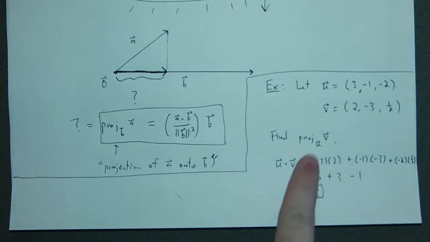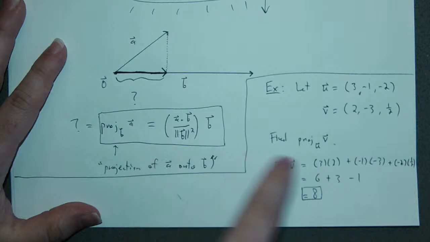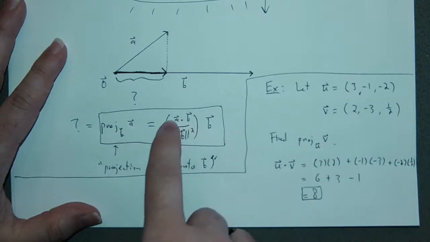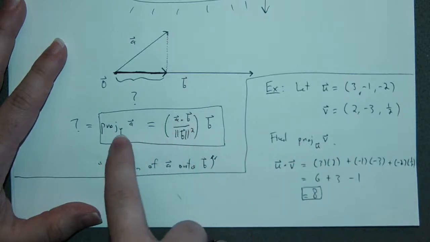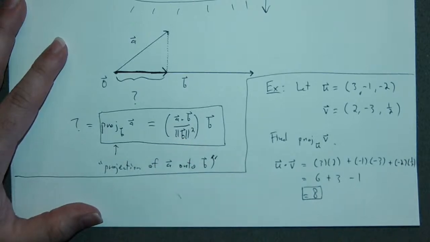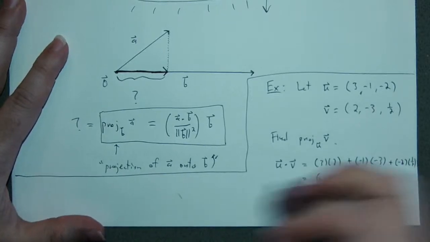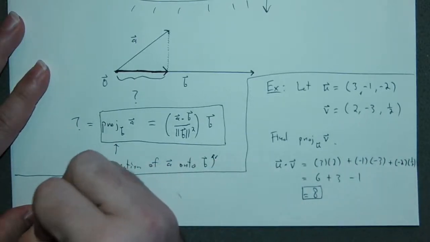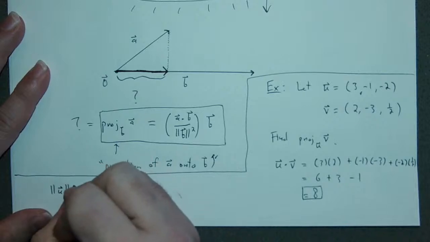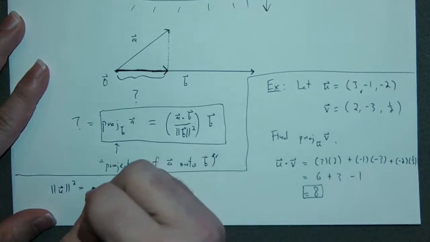What else do I need to compute here? I'm projecting V onto U here. So I have to do U dot V, and then I have to do the length of U squared, right? So what is the length of U squared here? Well, first of all, length of U squared is just U dotted with itself.